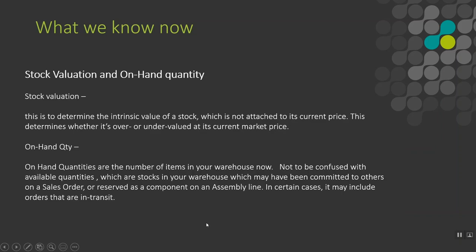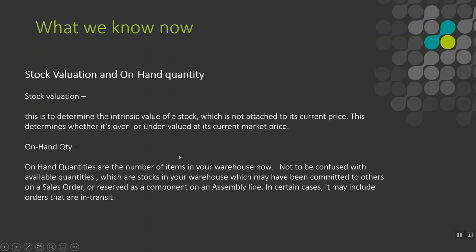Let's first take a look at these definitions. Stock valuation. Stock valuation is to determine the intrinsic value of a stock or the theoretical value of that stock, which is not attached to its prevailing price. This determines whether the stock is over or undervalued against its current market price. On-hand quantities are the number of items in your warehouse right now.